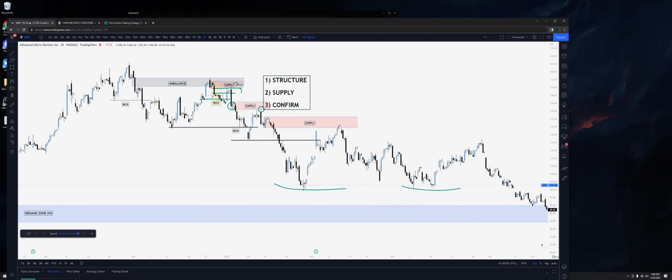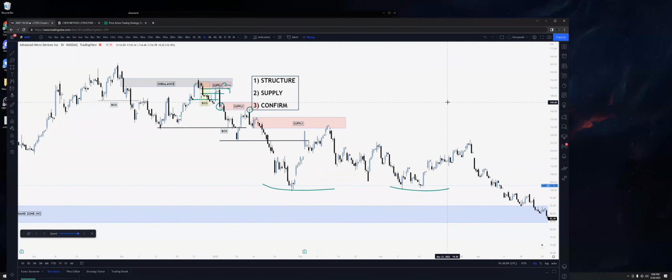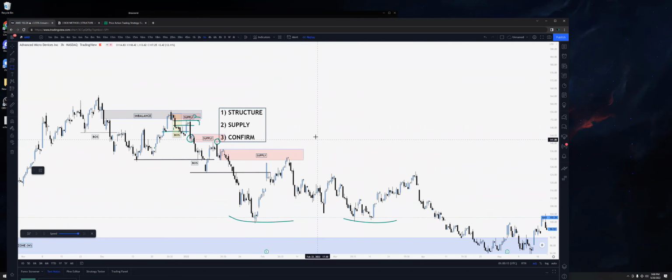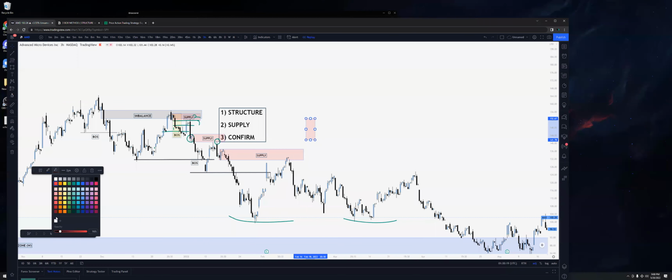Someone said, can you repeat that? Repeat the supply and demand zones. Yeah, so let me just draw it out for you. I'll make it red. Yeah, that's already red.